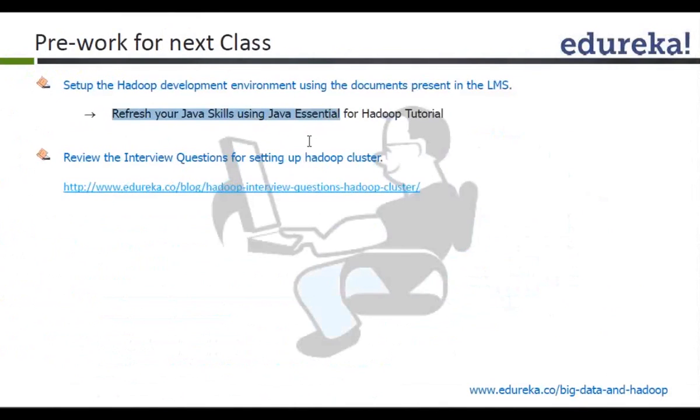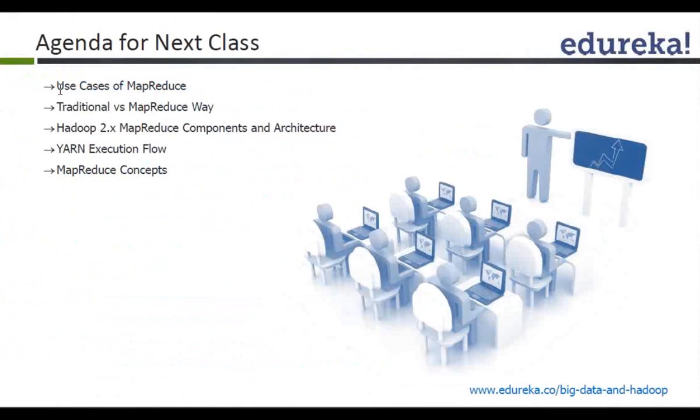I hope all of you have gone through the Java Essentials, and there are a couple of interview questions on setting up Hadoop. Have a look at those also. What is important this week, guys, is to look at the Hadoop Definitive Guide, chapters 1, 2, 3. Also go through all the links that we have given. The more hard work you do, the more comfortable it will be for you.